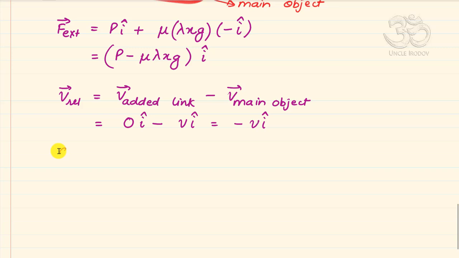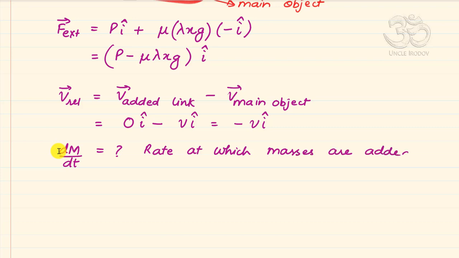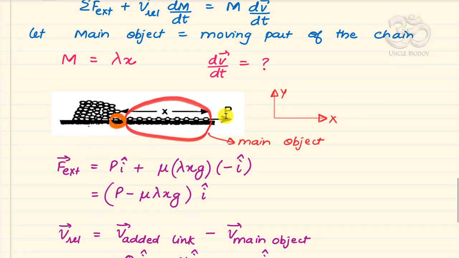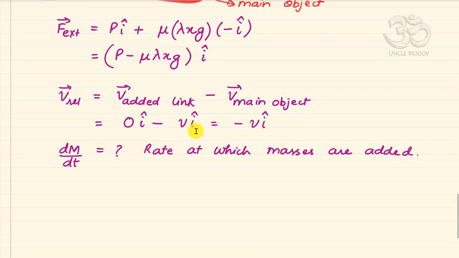And what is this guy dm by dt? So dm by dt is the rate at which masses are added. How can we find that rate out? So let us say the free end of the chain right now is moving with the velocity v. So in a small time dt, by what amount will the free end move forward? v dt.